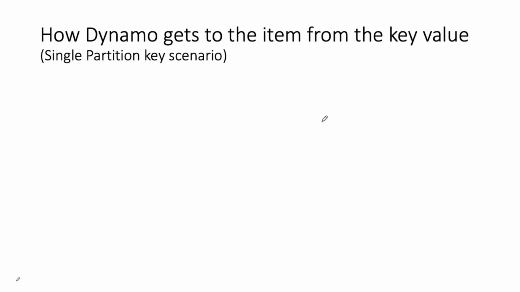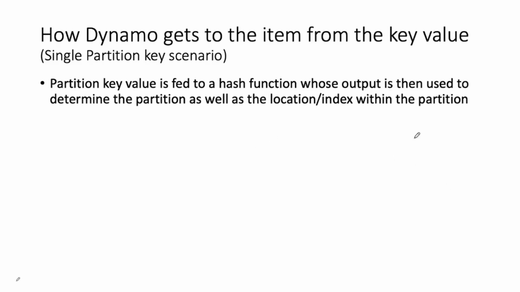First, we're going to talk about the single partition key scenario, and then we're also going to talk about the composite primary key situation. So the core concept is that of the hash function. I had hidden this detail up till now just to make things simple, but now we're going to talk about it because it's an important concept to understand.